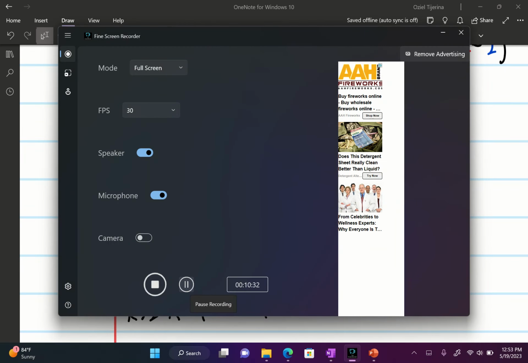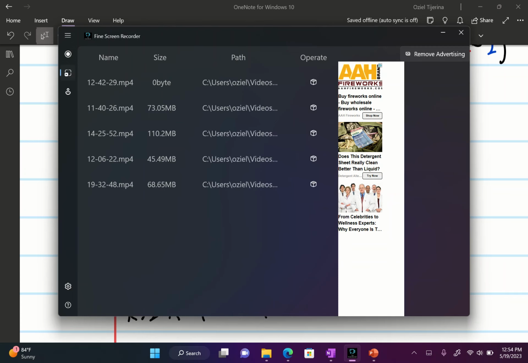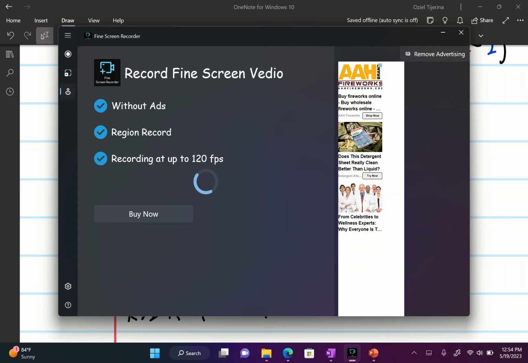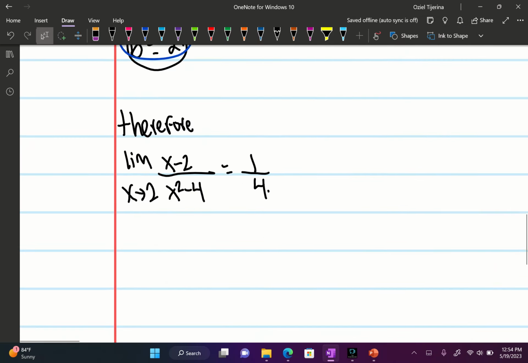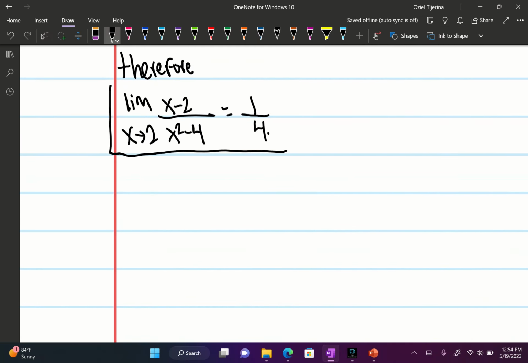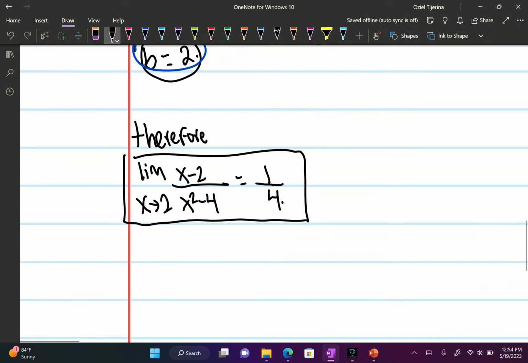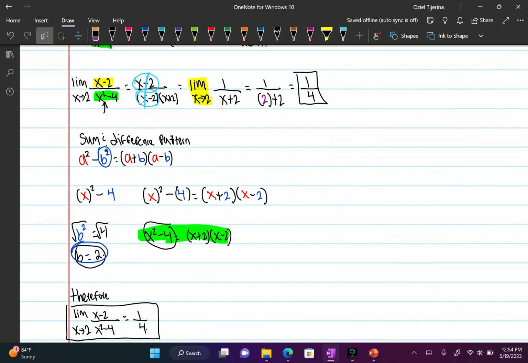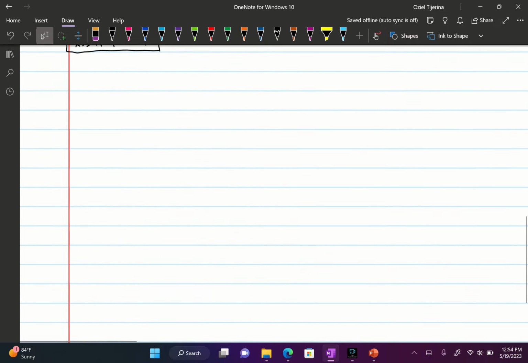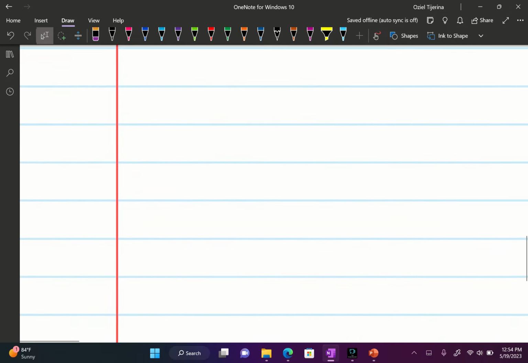Now I would like to do one more problem where we do a little bit of a harder one. So this is our answer, obviously, for that one. Now, there is another one that I do want to do because it's a little bit harder, but we're going to go ahead and do it.